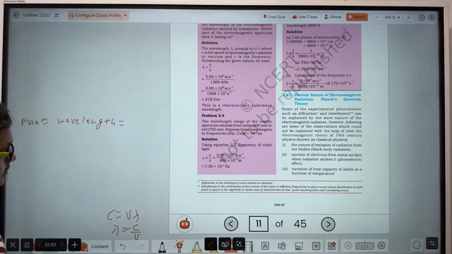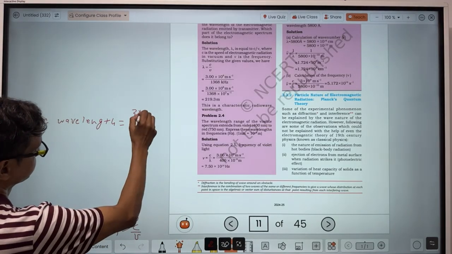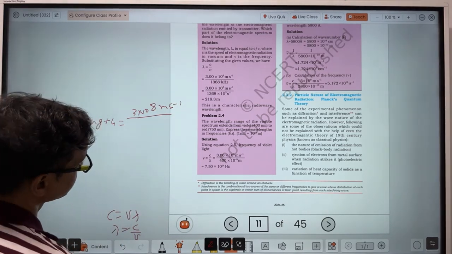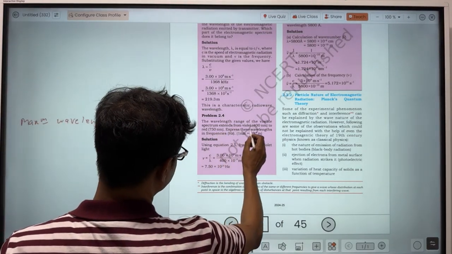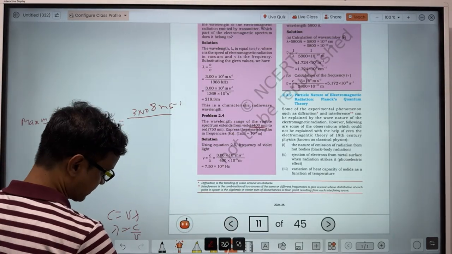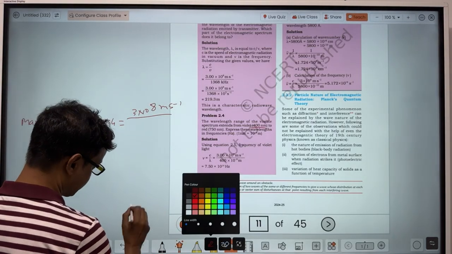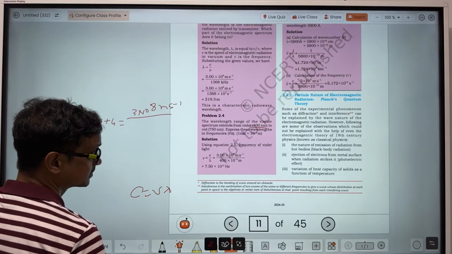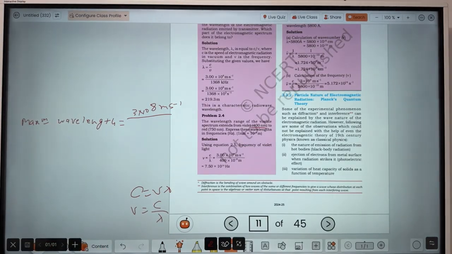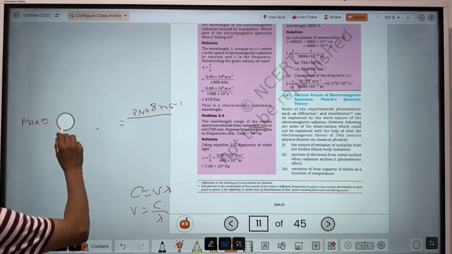That will be 3 into 10 power 8 meter per second upon frequency. The wavelength is given, so nu you can find out. C equals nu lambda, so nu will be equal to C upon lambda. So what is the maximum frequency?